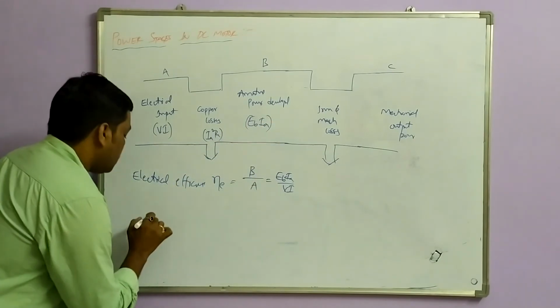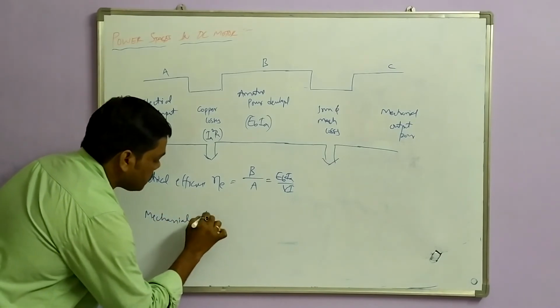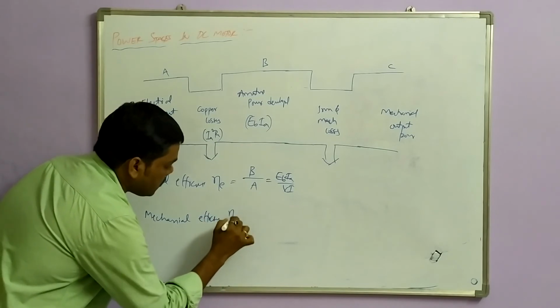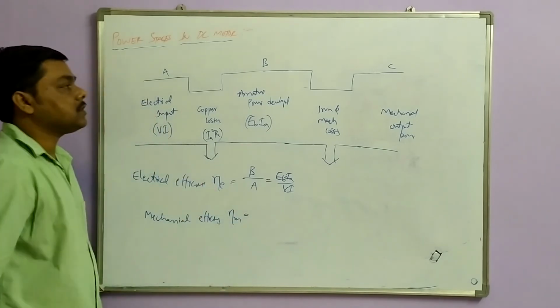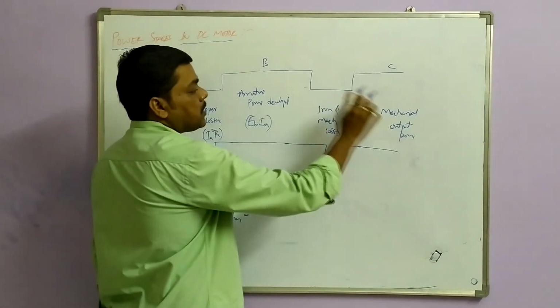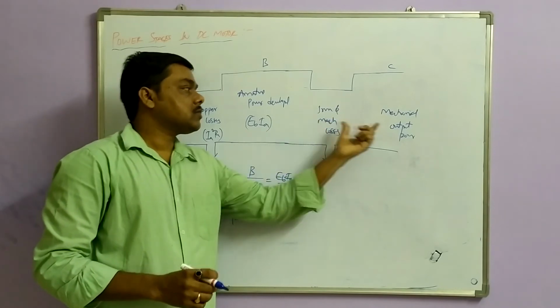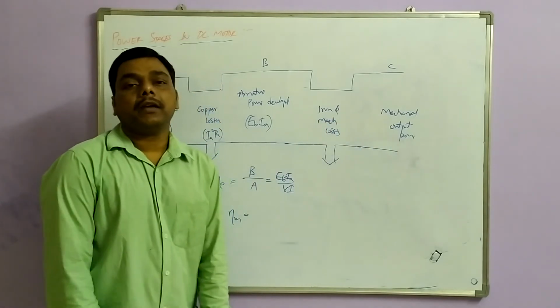Okay, now the second one is mechanical efficiency. So efficiency mechanical is nothing but, you can see here we are having the second stage and this is the third stage. Now from the second stage, if you deduct these losses, you will get the actual mechanical output.